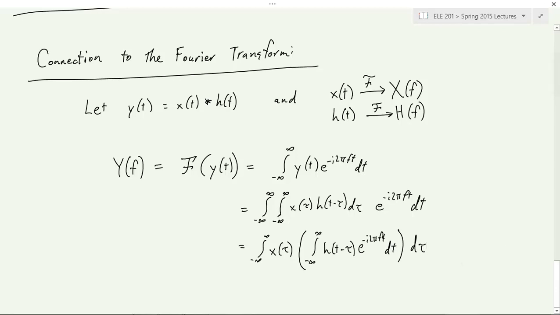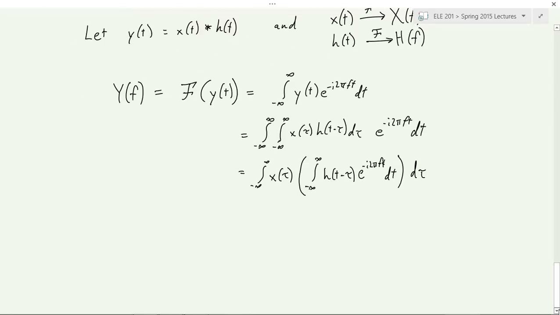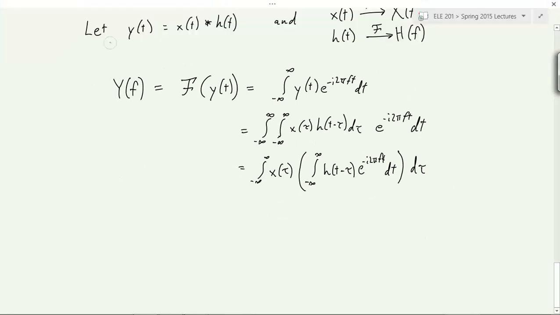Now, to do this, I should do a substitution, right? I should do something like tau prime equals t minus tau, so that I can get rid of that. So that equals the integral of x of tau, integral of h of tau prime, e to the negative i 2 pi f, and then replace t with tau plus tau prime.